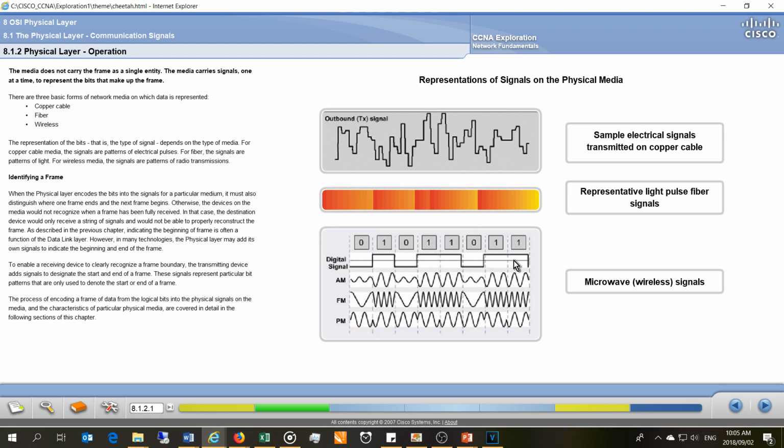But while we have to go through a medium, maybe we are in one city and we need to get the information to another city, we might find that there are several different protocols used in the physical layer in terms of getting this information across.